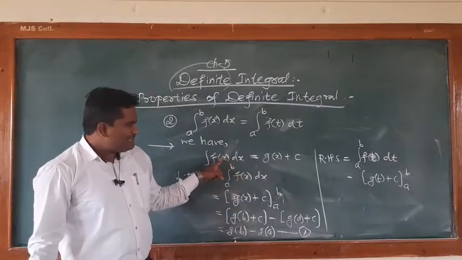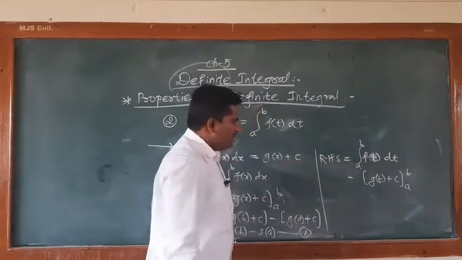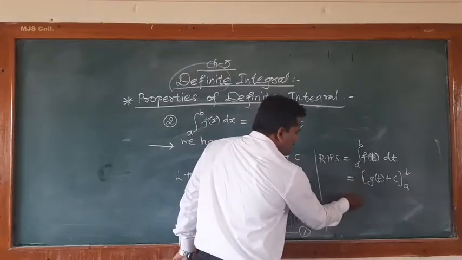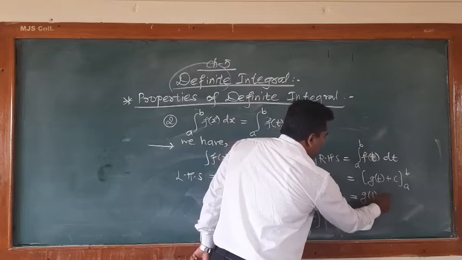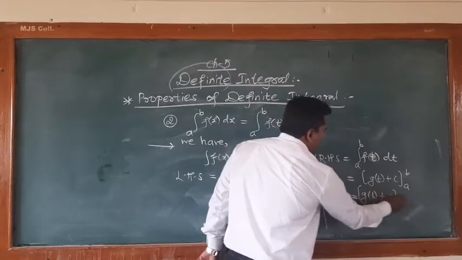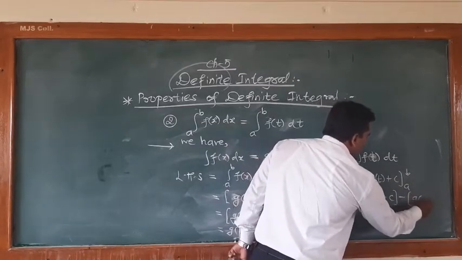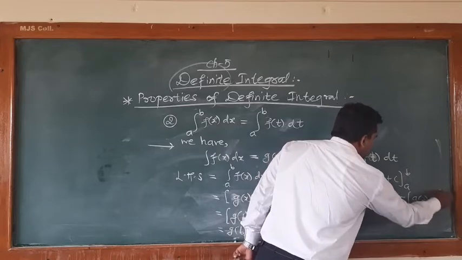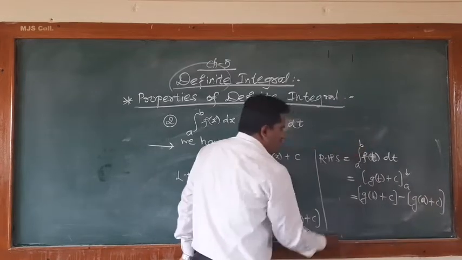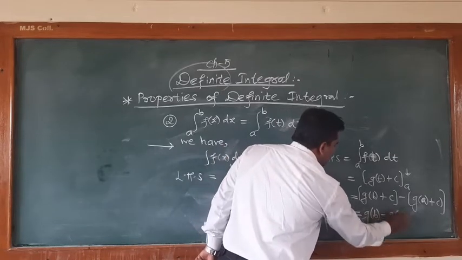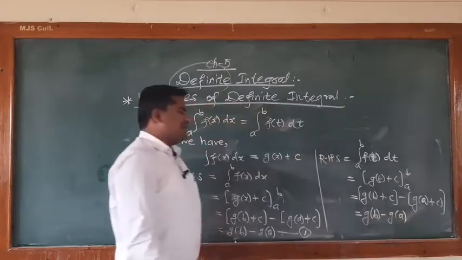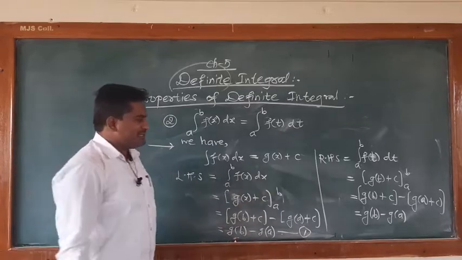Here the variable is x, this variable is t. The variable is changed only. By applying lower limit and upper limit, we get g of b plus c minus g of a plus c. Then we get g of b minus g of a, by cancelling the constant of integration c.